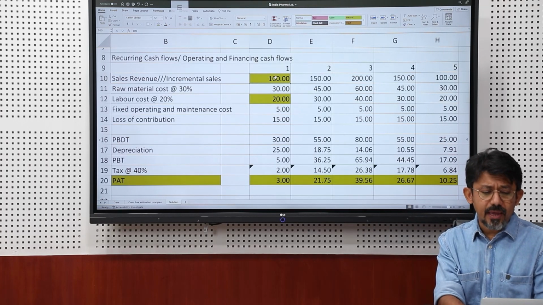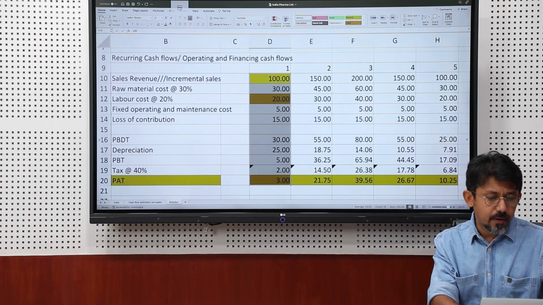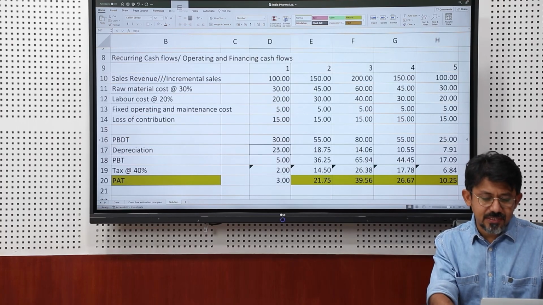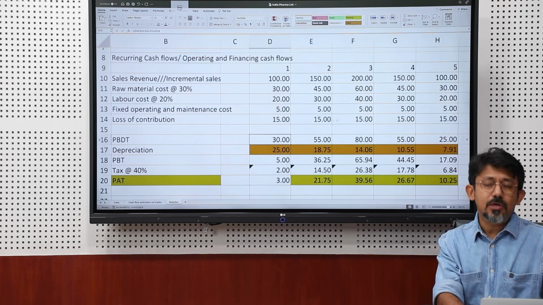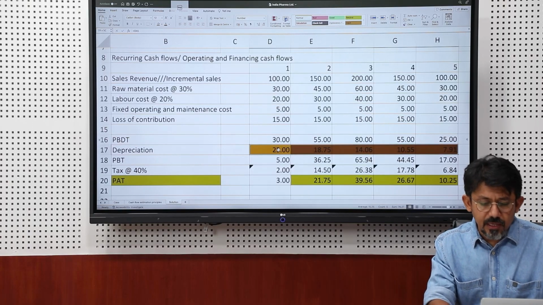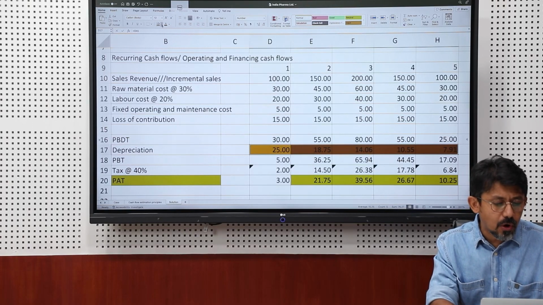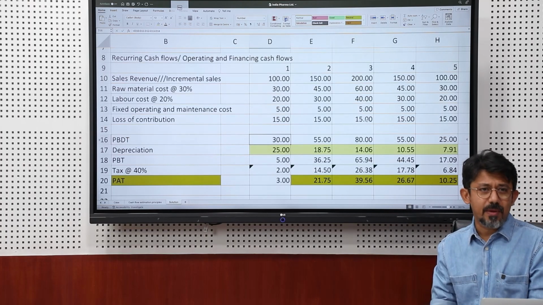Now, if you look at all the expenses and incomes over here, one expense stands out, which is depreciation, and you know that depreciation is a non-cash expense, right. So, this is not something that you have paid out of your pocket, and hence it is a non-cash expense.